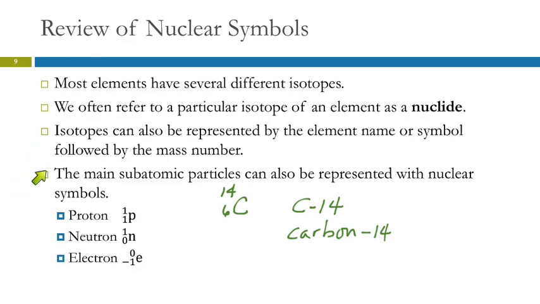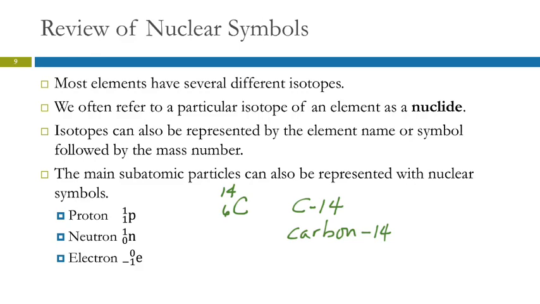We can also represent the main subatomic particles with nuclear symbols. So the proton is a P, and the superscript, the mass number, is a 1, because the total number of protons and neutrons in a proton is 1 proton, right? And here the atomic number would be 1, because there's 1 proton.